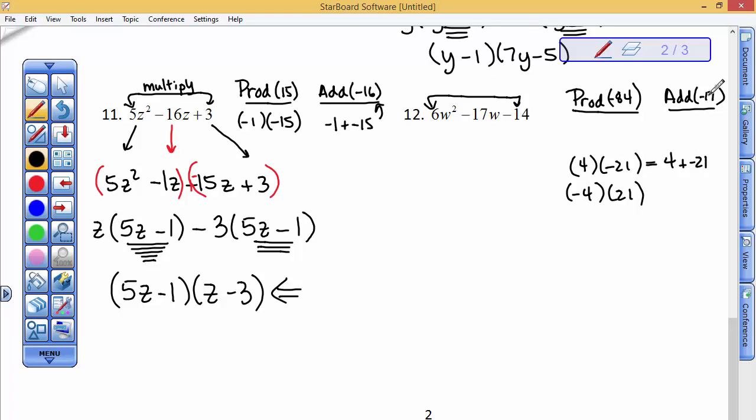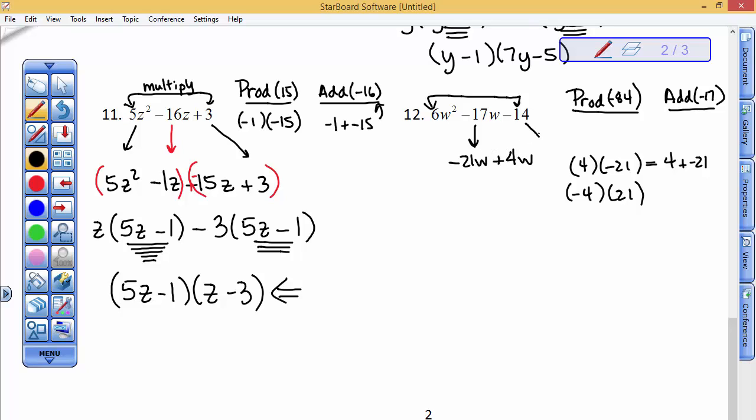Now I got to tell you, when I got a positive number and a negative number, I personally tend to put the negative 21w first and then the positive 4w second. Those do add to be the negative 17, right? Because I like to have a plus sign between my second and third terms if I have control over that. And I do because the signs are different.